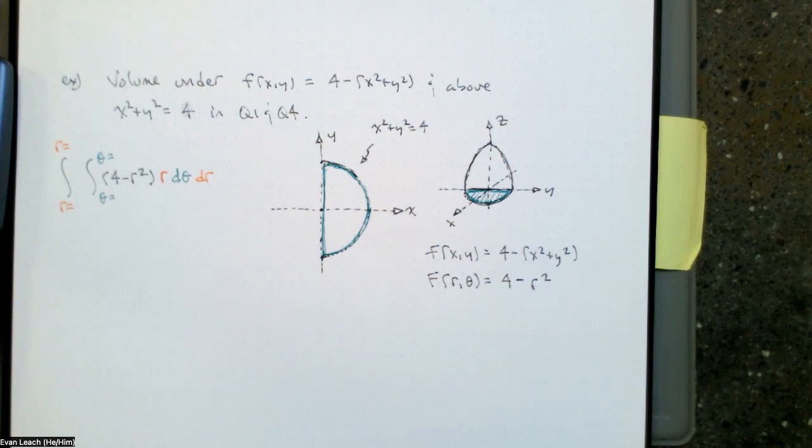So that red r there is included to be part of the dA, so that d theta will be distance, so that dA will be area.